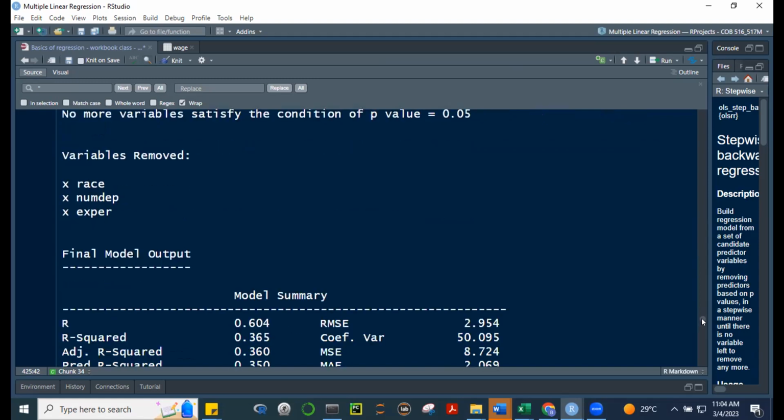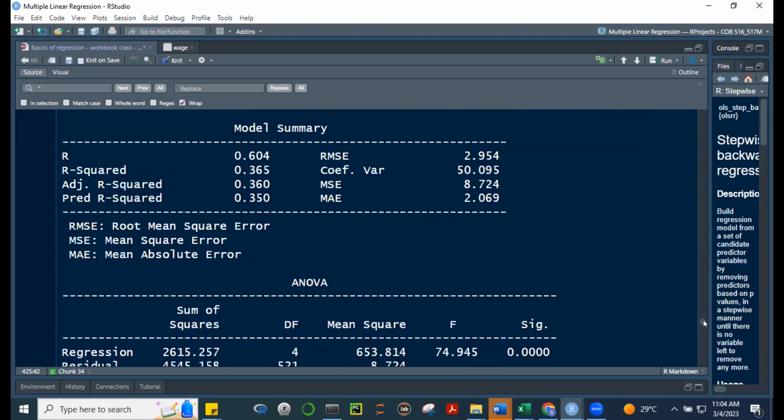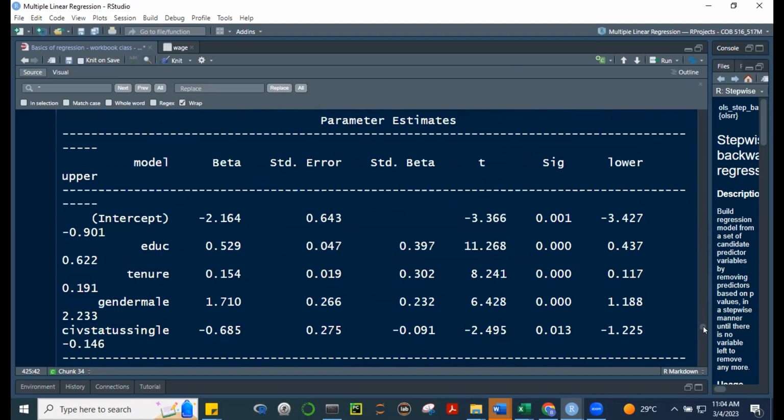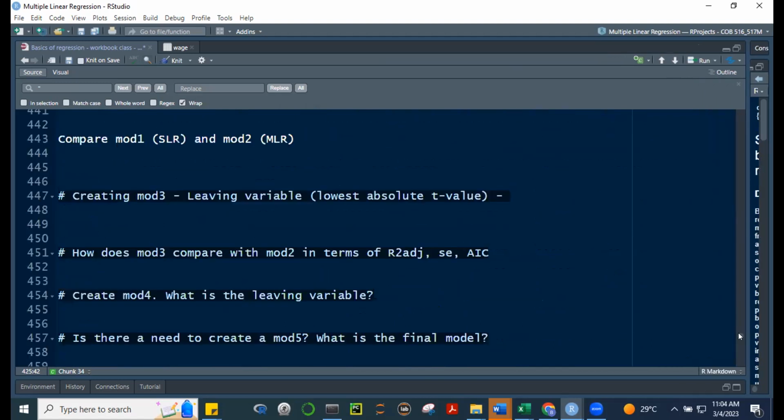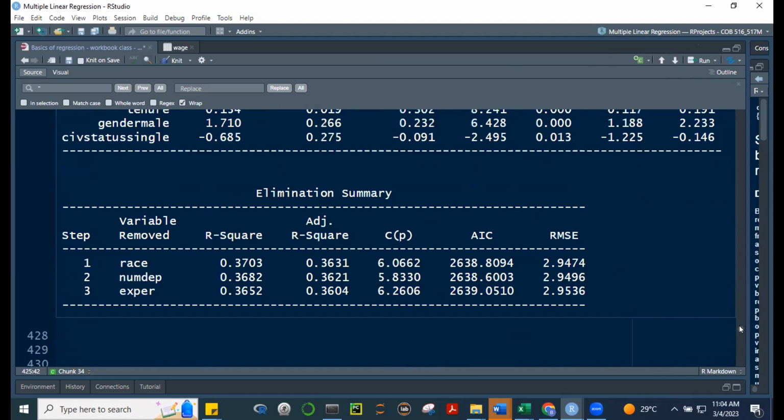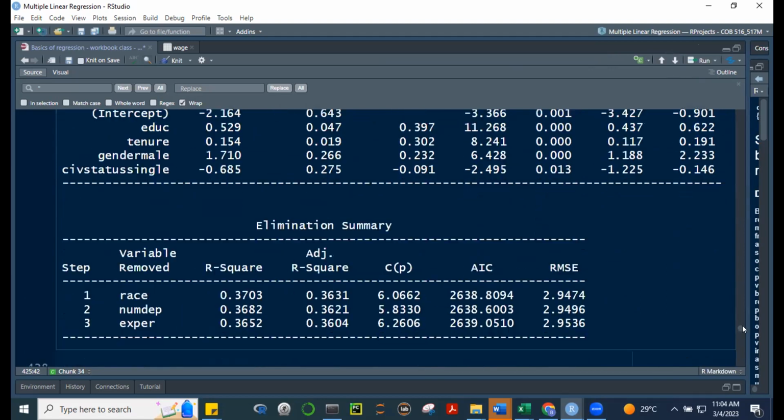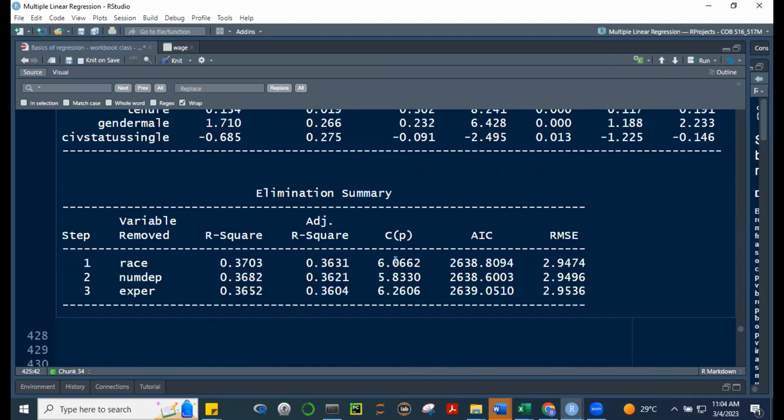We manually removed yung race, yung number of dependents, yung experience. Okay, and then it gives us the final model here. Hindi na nagkasya. Okay, so it summarizes what were the variables that were eliminated, no? Race. Tapos ibibigay niya sa atin yung measure ng R squared.